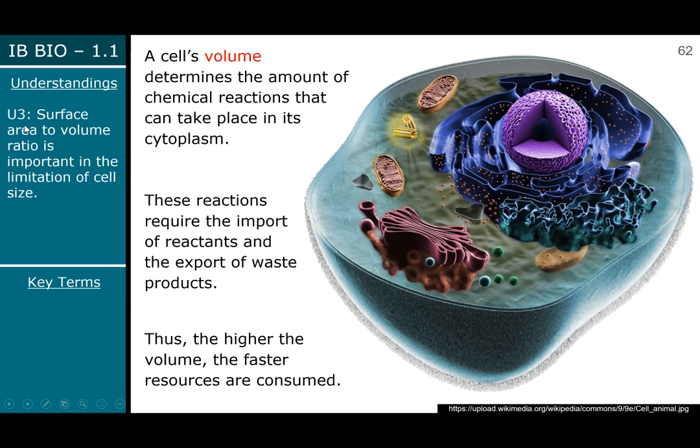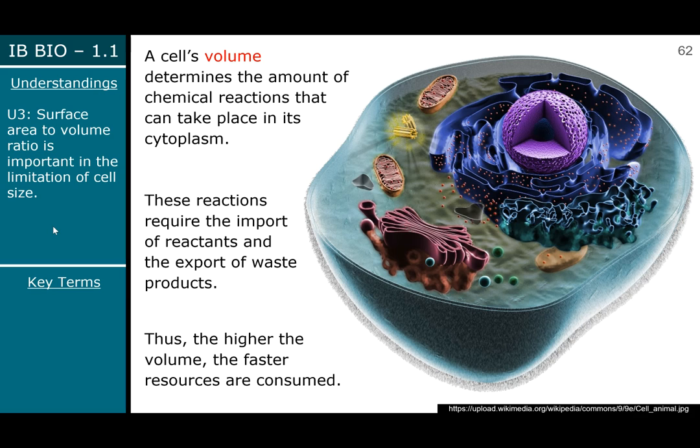So this is understanding number 3. Surface area to volume ratio is important in the limitation of cell size. So a cell's volume determines the amount of chemical reactions that can take place in its cytoplasm. Well, that makes sense. A cell's volume, how much room there is inside, is important.